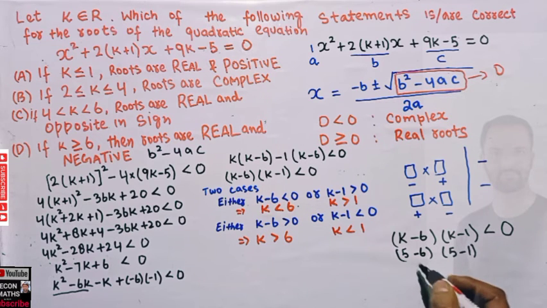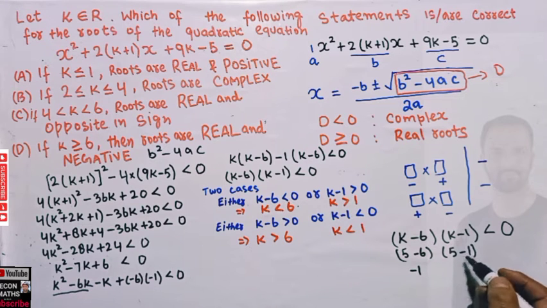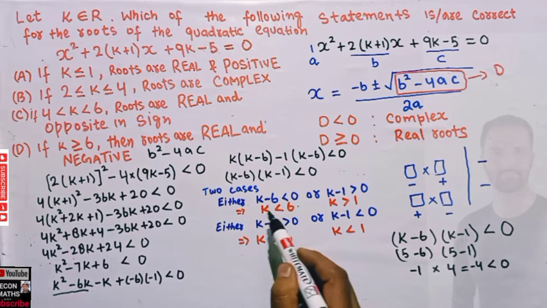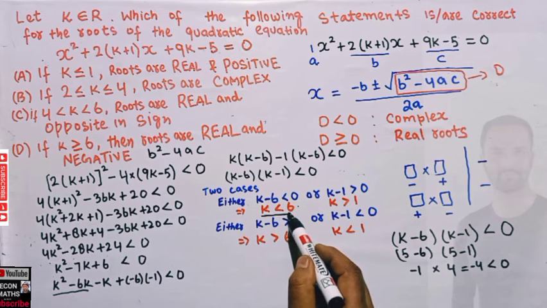So 5 minus 6 comes out to be minus 1, and 5 minus 1 comes out to be 4. I hope I am making myself clear. So minus 1 into 4 comes out to be minus 4, which is obviously less than 0. So here we can see this k will satisfy our relationship.